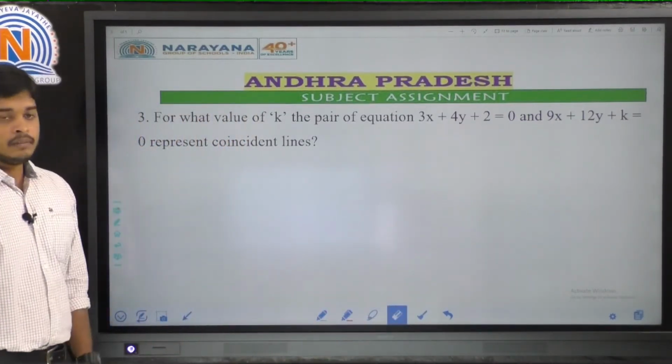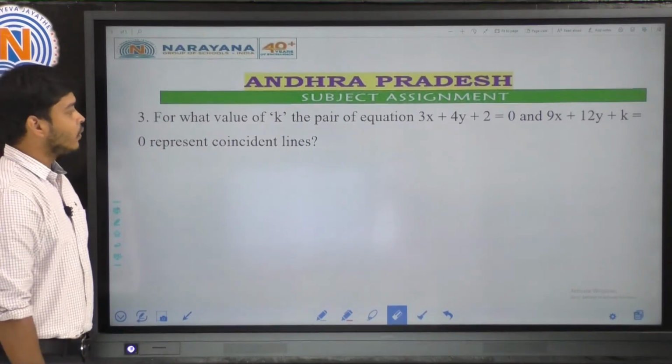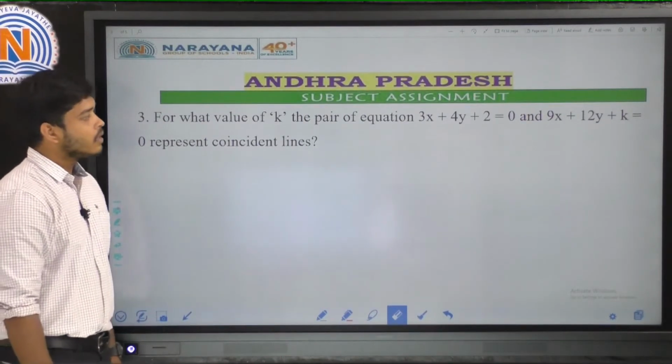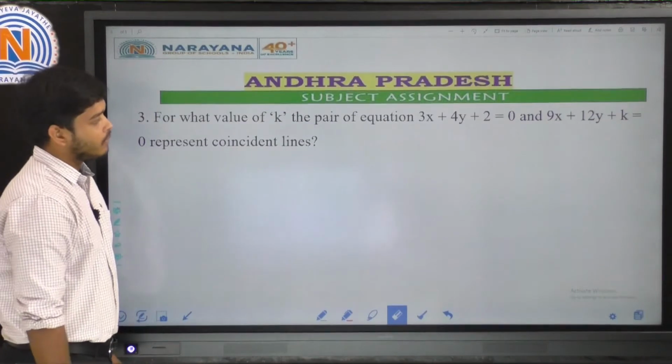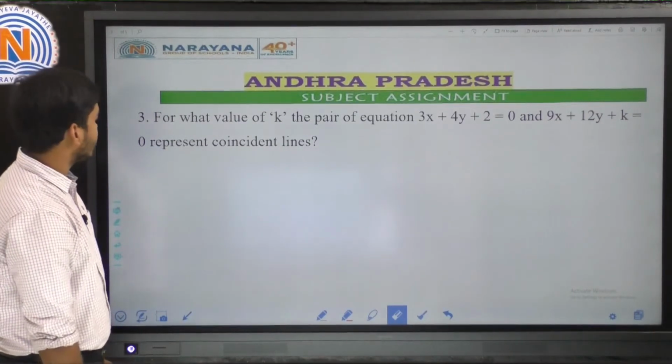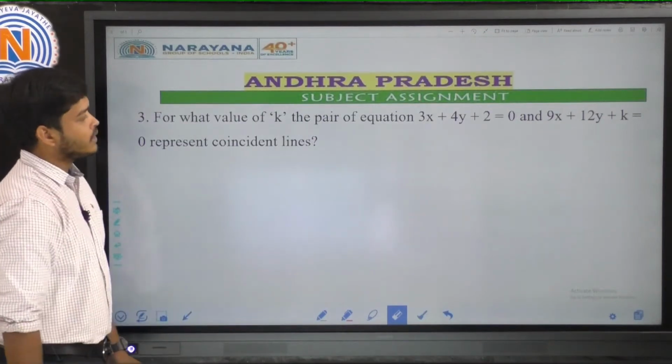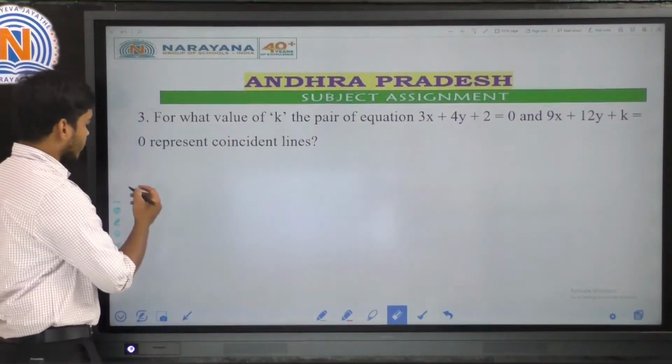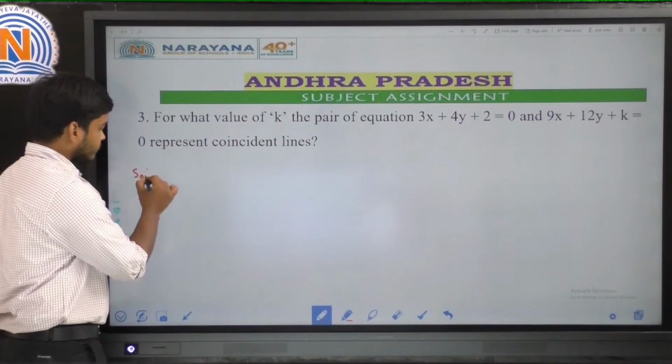The third question: for what value of k does the pair of equations 3x + 4y + 2 = 0 and 9x + 12y + k = 0 represent coincidental lines? First of all, write what is given.